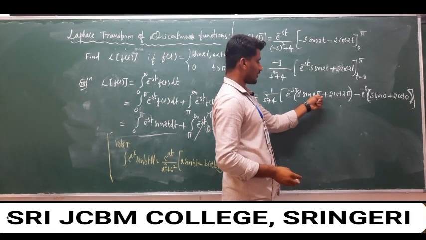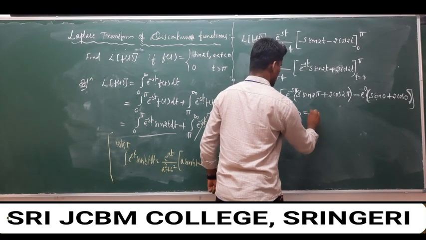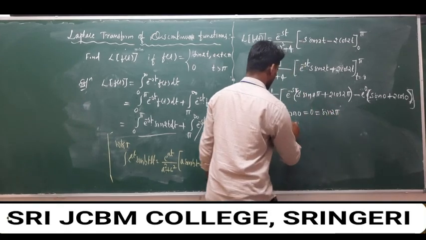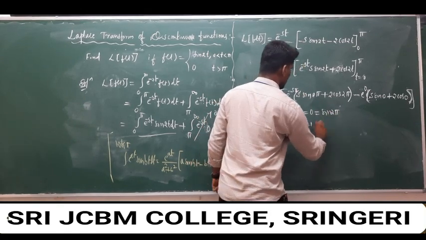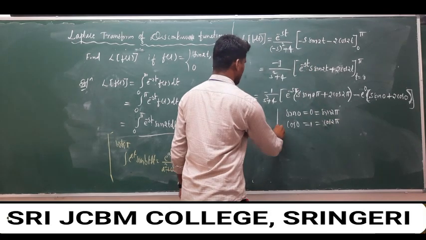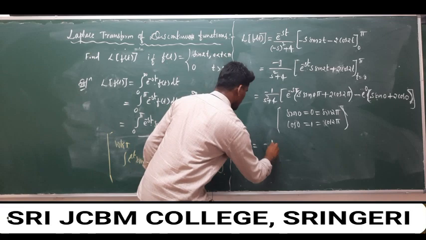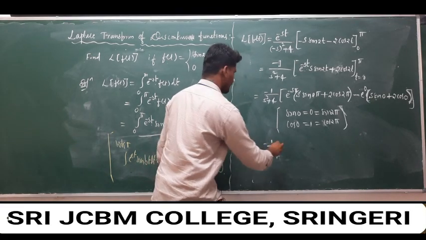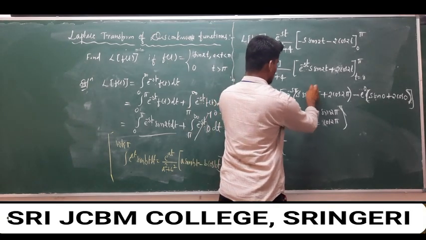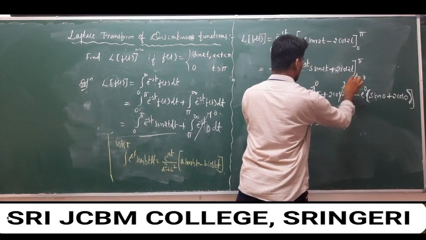Here sin 0 is equal to 0, sin 2 pi is also 0, and cos 0 is equal to 1, and cos 2 pi is also 1. So minus 1 over s squared plus 4, where sin 2 pi is 0 and cos 2 pi is 1.